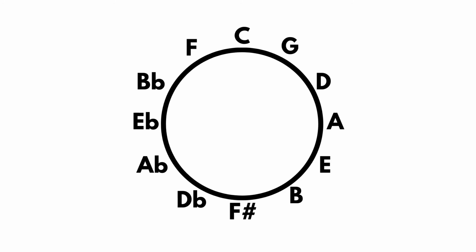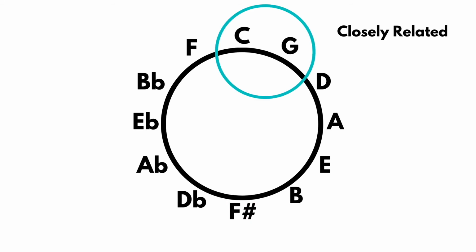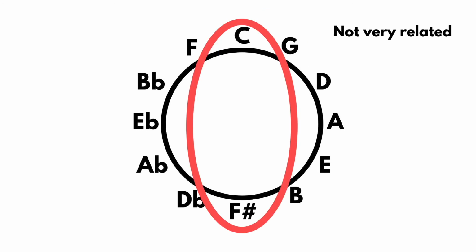You can see which keys are closely related, but not so extreme. So, for example, maybe your song is in the key of C. You may want to shift to the key of G instead of the key of F sharp, because the key of G is more closely related to C than F sharp is.